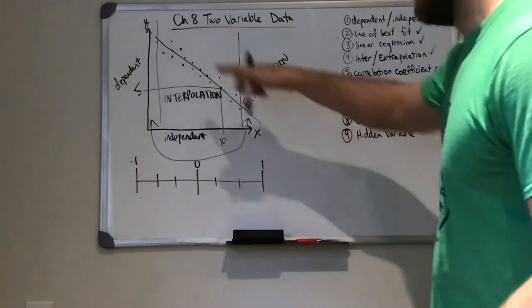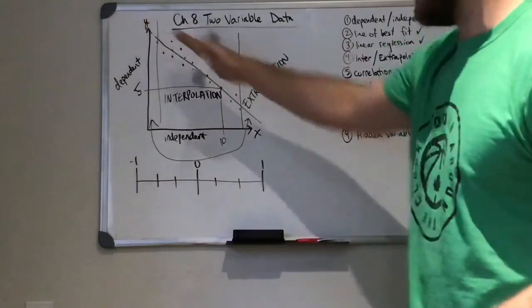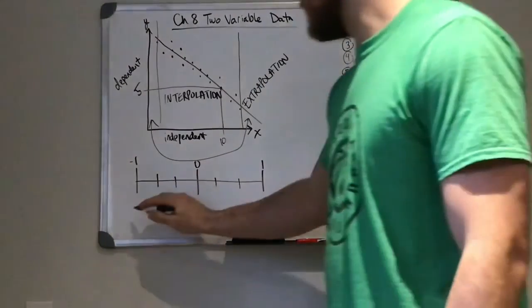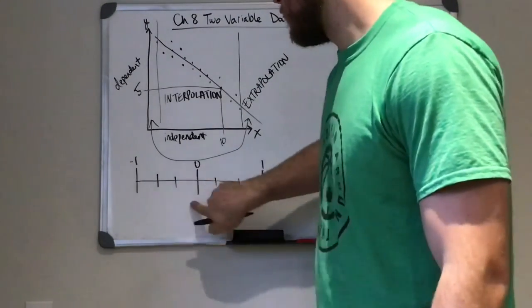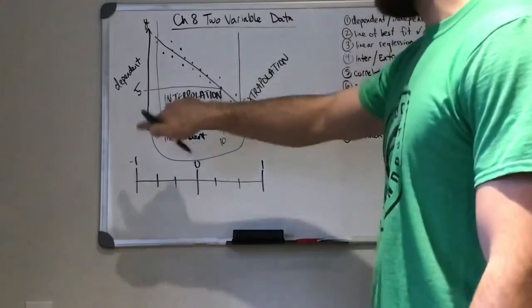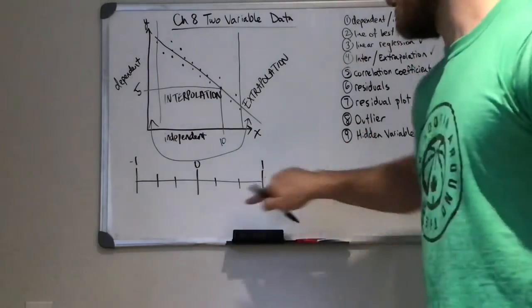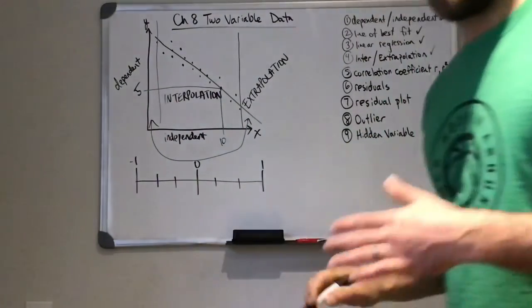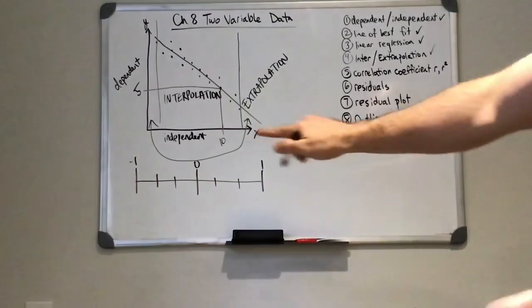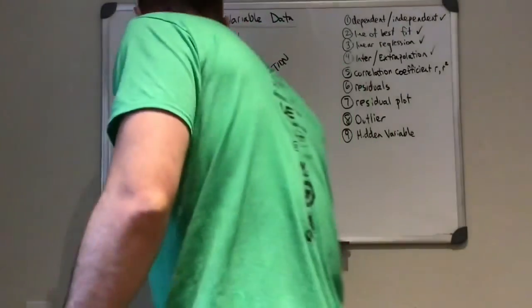Anything negative, with that slope going down to the right, is going to be somewhere in this range here. Anything with a positive slope is going to be somewhere in this range here. So I'm going to add a little bit to this little scale here.